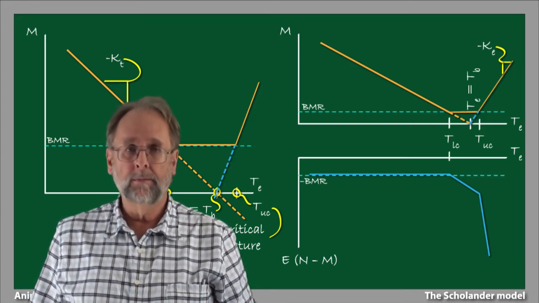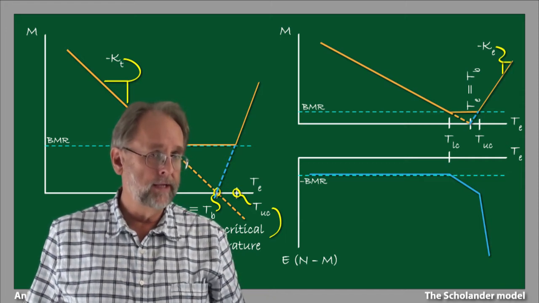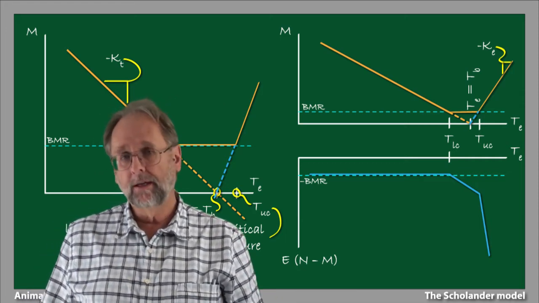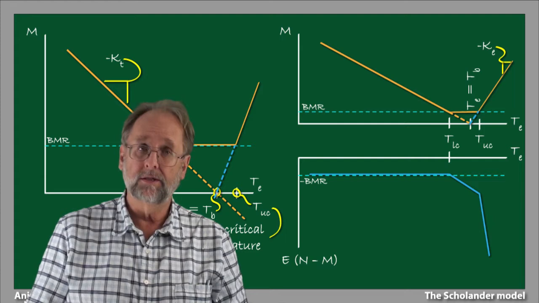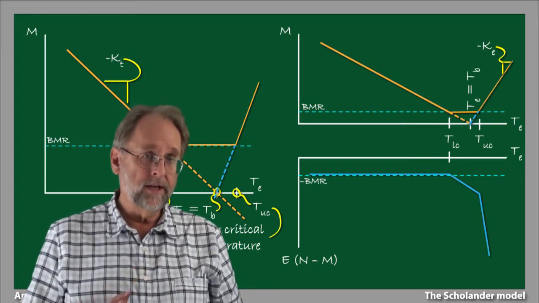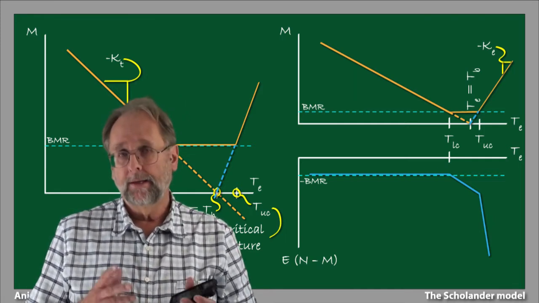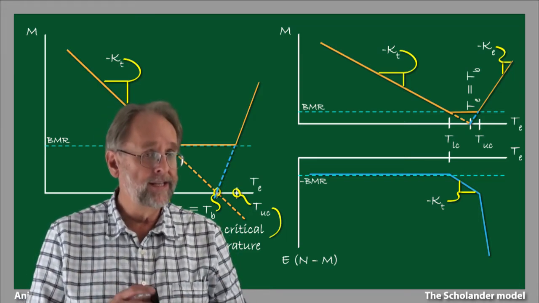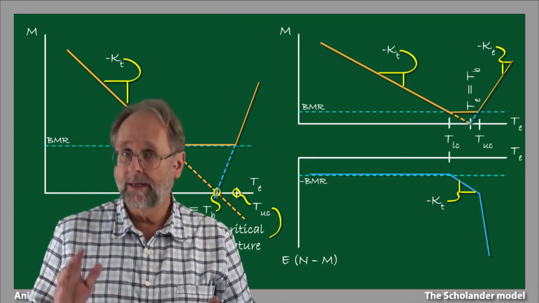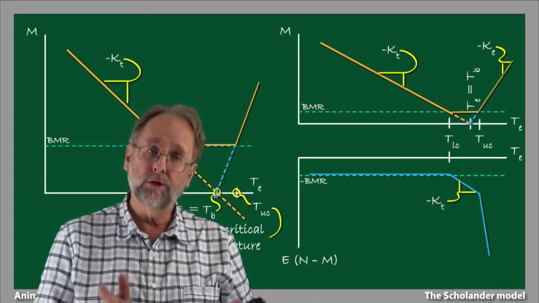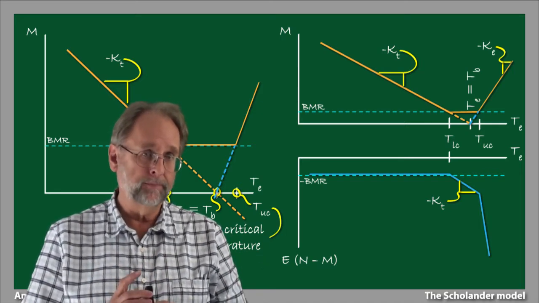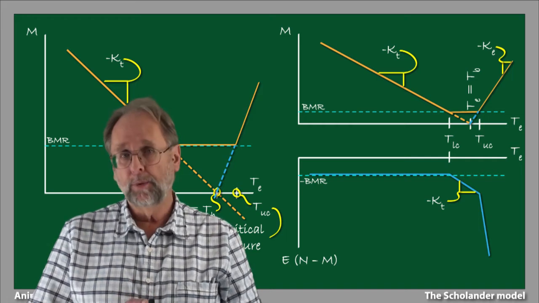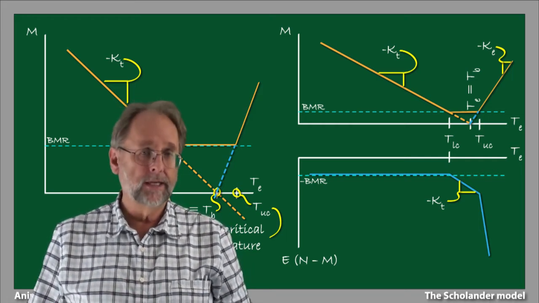At the lower critical temperature, there is a significant dogleg, and the evaporation heat loss increases, which, because it's negative, will have this downward slope. The slope of this portion of the evaporation curve is in fact identical to the slope of the metabolism curve at temperatures lower than the critical temperature. That is to say, the slope here is also minus K sub T.